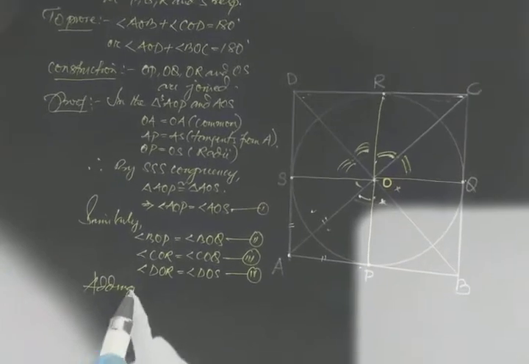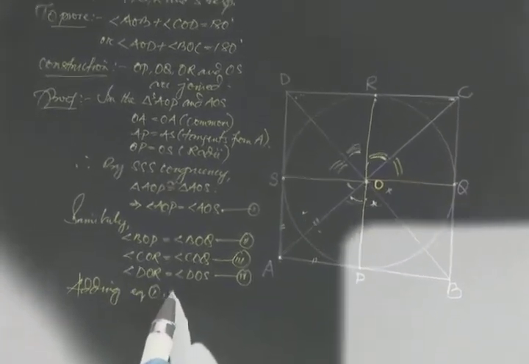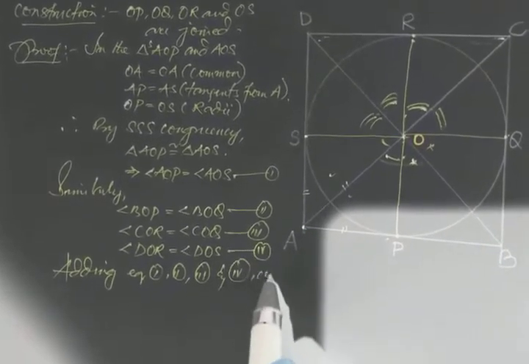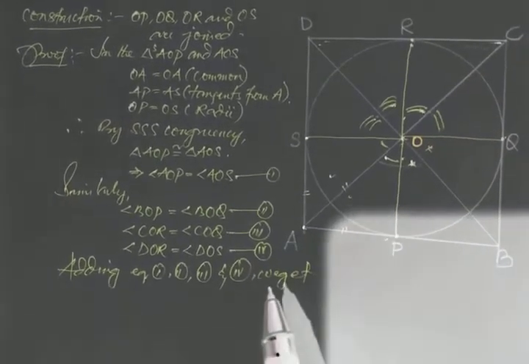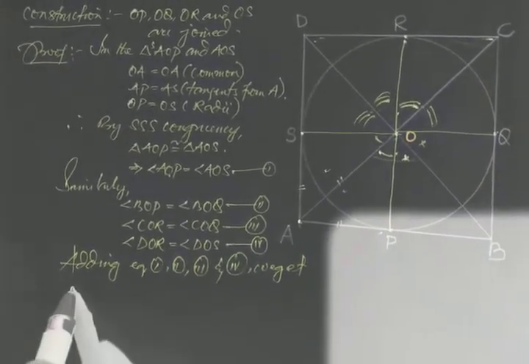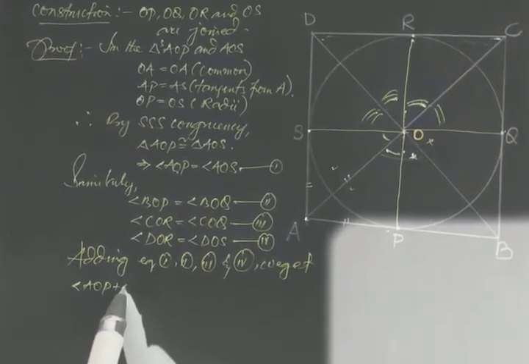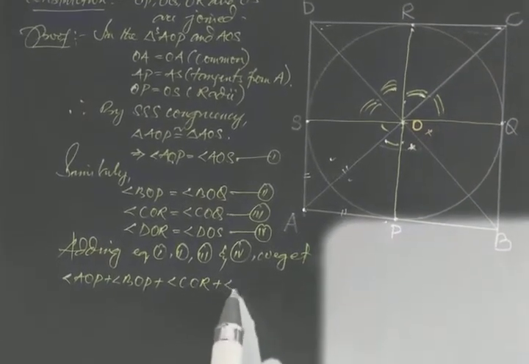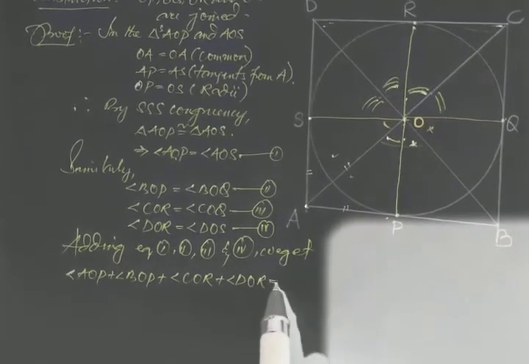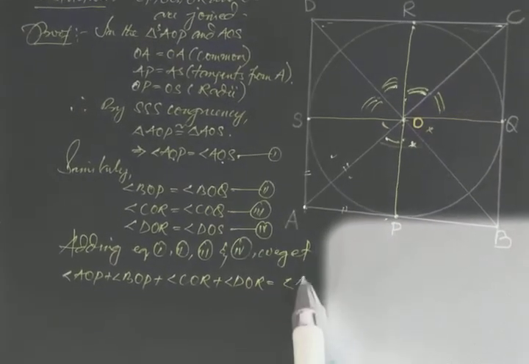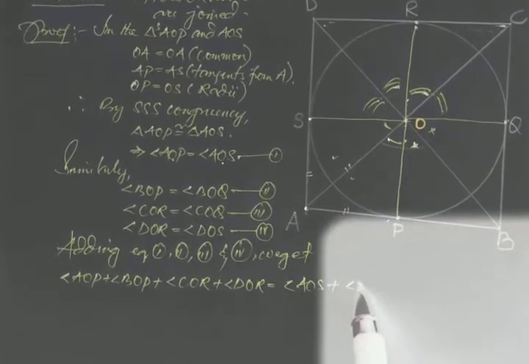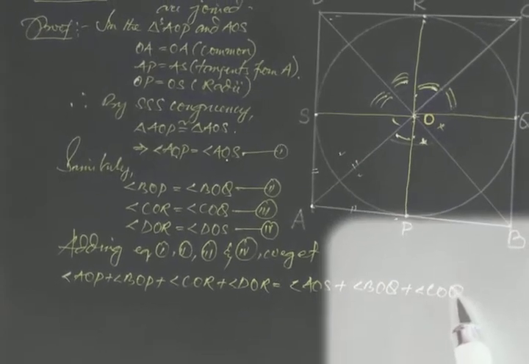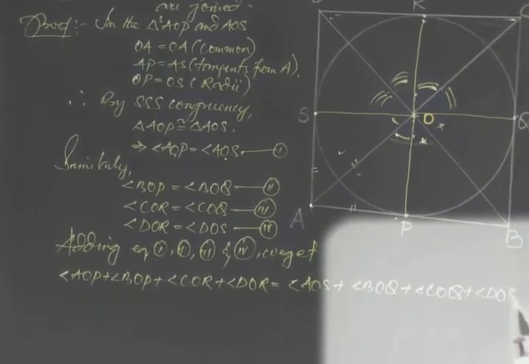Adding equations 1, 2, 3 and 4, let's see what we've got. Adding all the left hand side, angle AOP plus angle BOP plus angle COR plus angle DOR is equal to angle AOS plus angle BOQ plus angle COQ plus angle DOS.